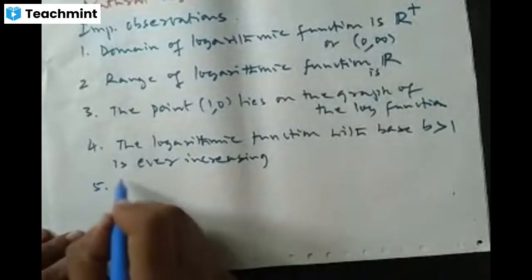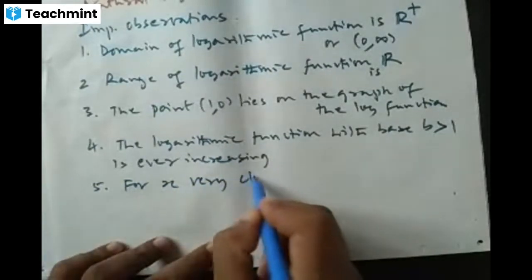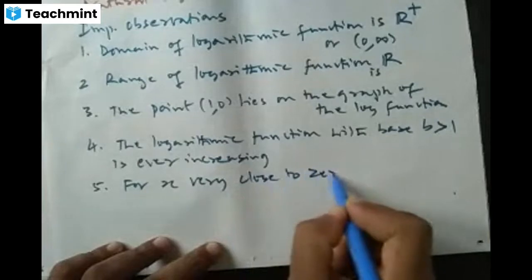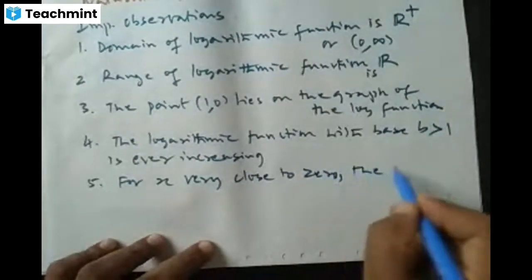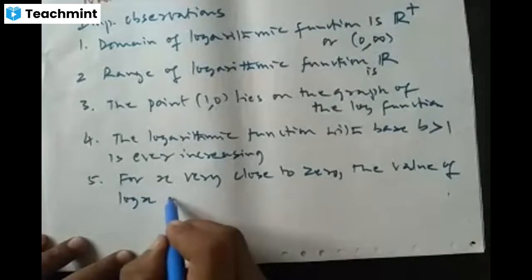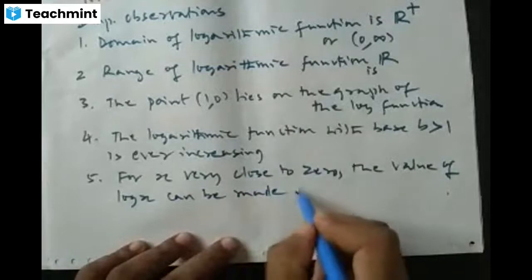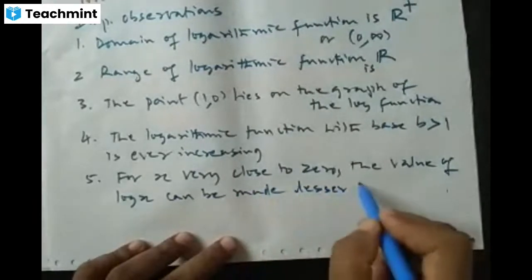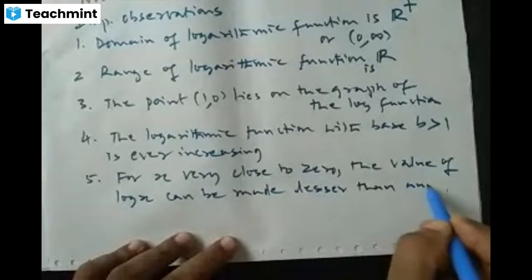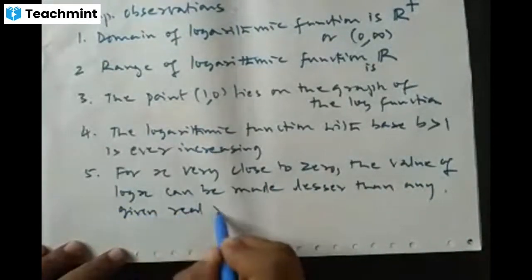Point number 5, for x very close to 0, the value of log x can be made lesser than any given real number, okay?